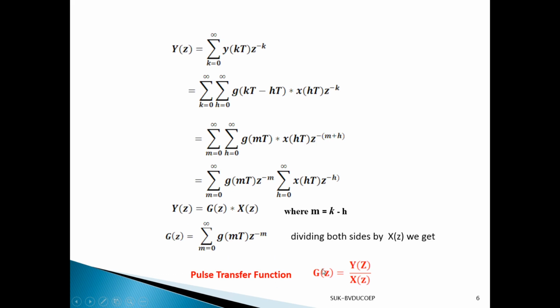So what is understood is that the pulse transfer function is the ratio of the z transform of the output to the z transform of the input, and that will be the pulse sequence, and it is nothing but this, that is a convolution summation.